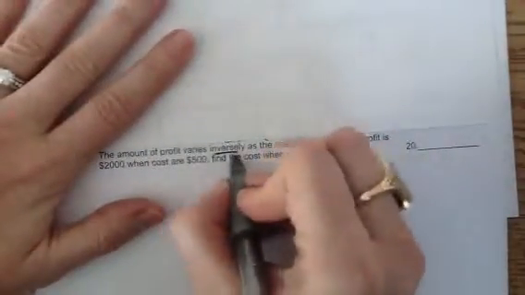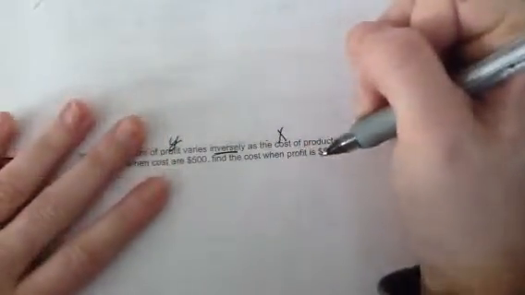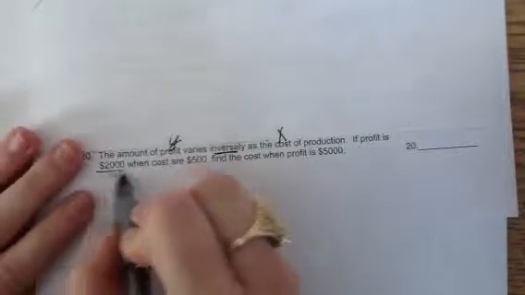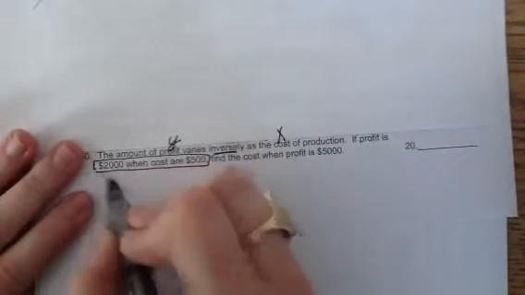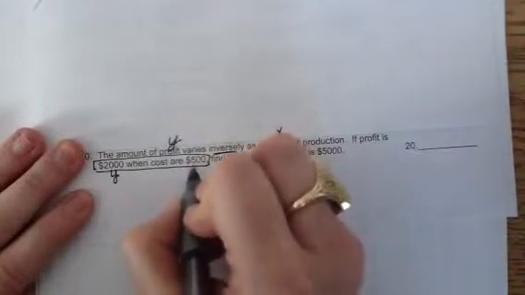Well, the word's inversely. Whatever comes before inversely is your y. So our profit here is our y. Whatever comes after the word inversely is our x. So cost is x. So it gives us this information right here and says profit is 2,000. That's your y.